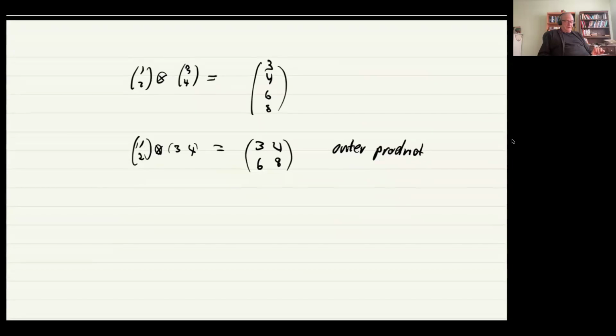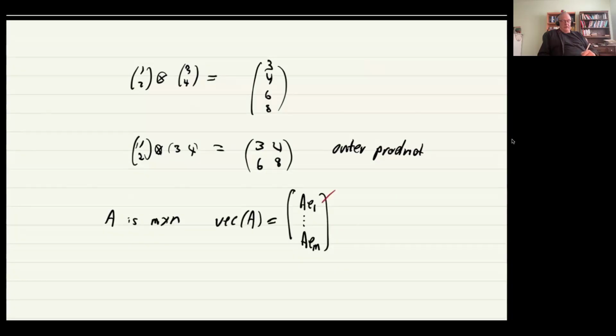It might be worth digressing a little bit. If A is M by N, then vec A is the vector whose entries are the columns of A, stacked: Ae1, Ae2, and so on. This is a very useful operation.